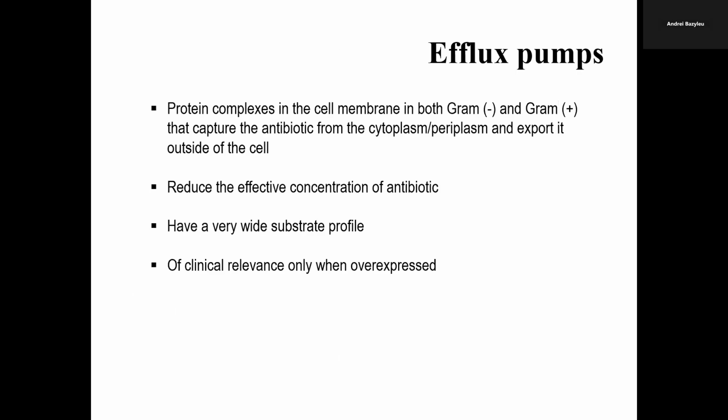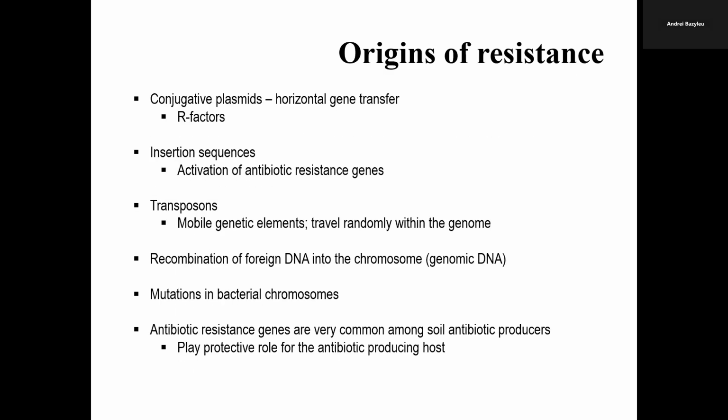As far as the origins of resistance, very briefly. We already spoke about those quite a bit. Just know the basic genetic vehicles, the molecular elements that are responsible for the propagation of antibiotic resistance genes.